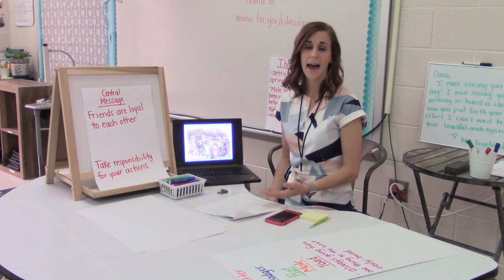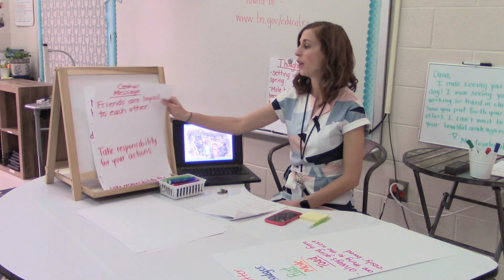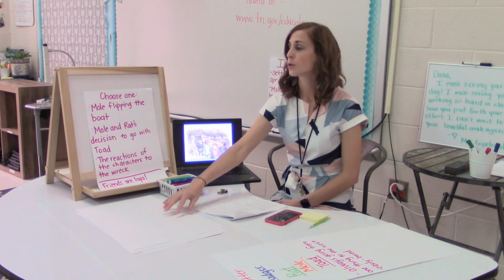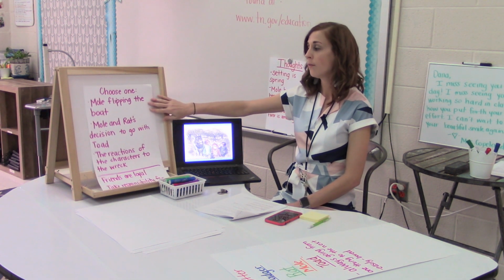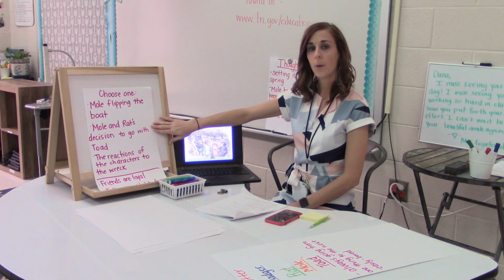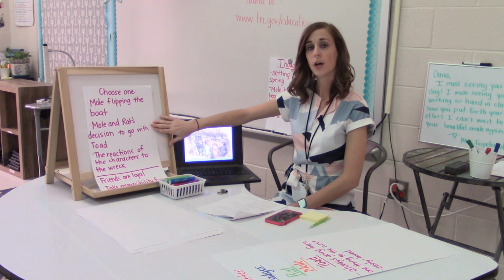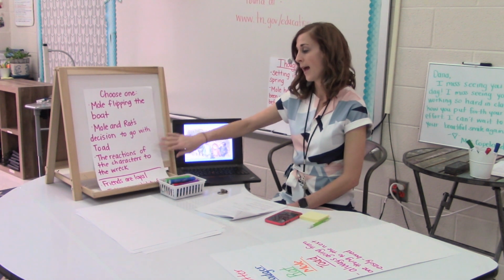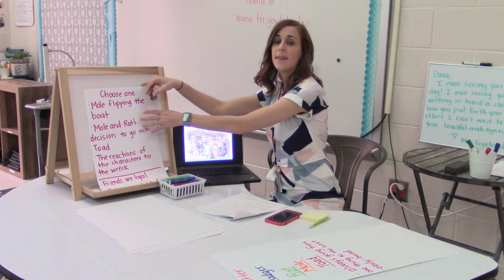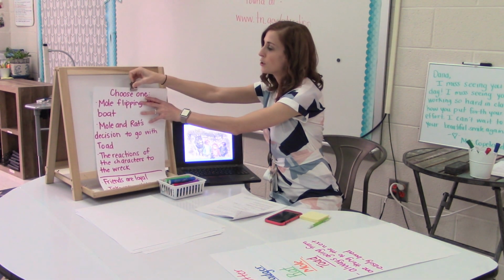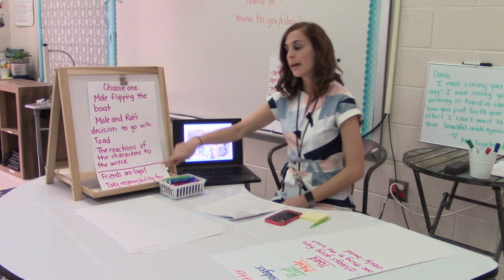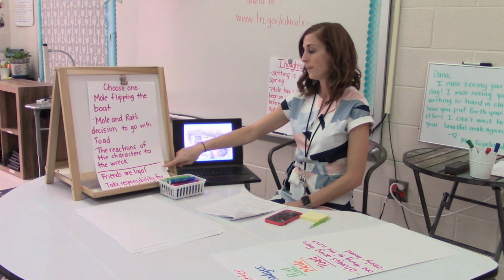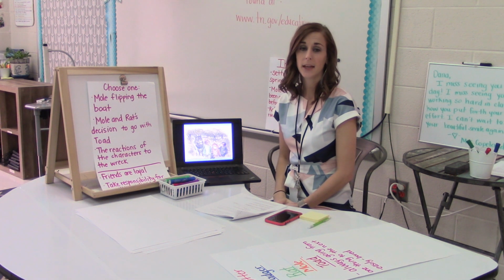For today's task, choose one of the following events in the story. Either Mole flipping the boat, Mole and Rat's decision to go with Toad, or the reactions of the characters to the wreck. And then also choose one of the central messages in the story. Either friends are loyal, or take responsibility for your actions.